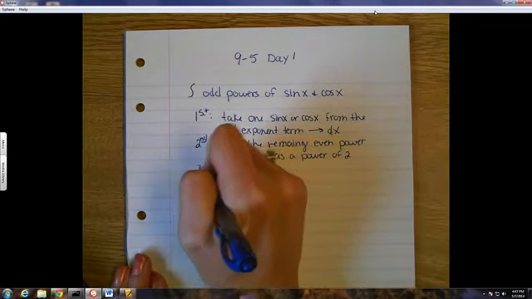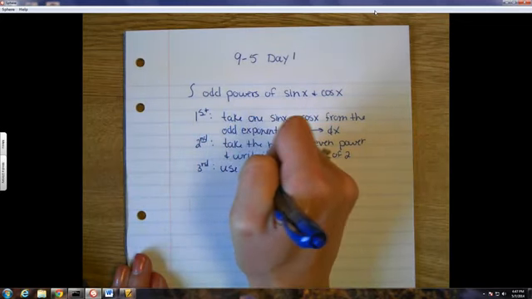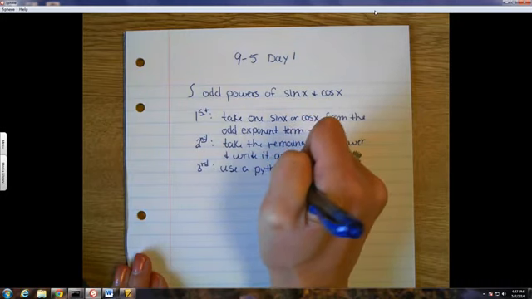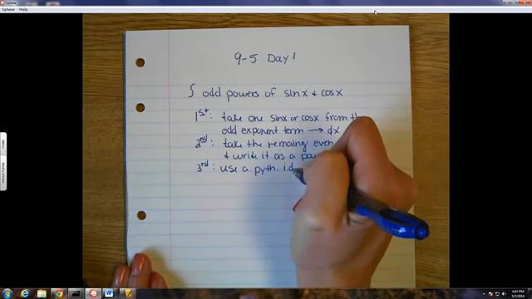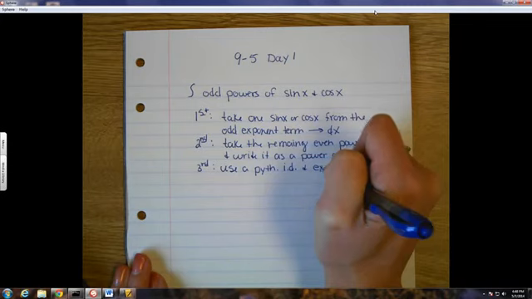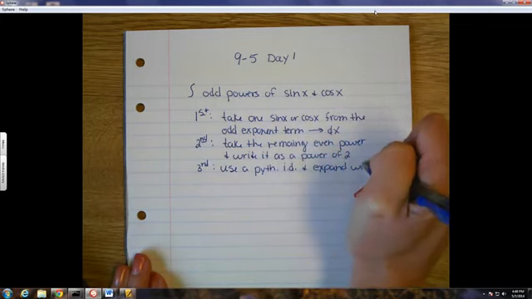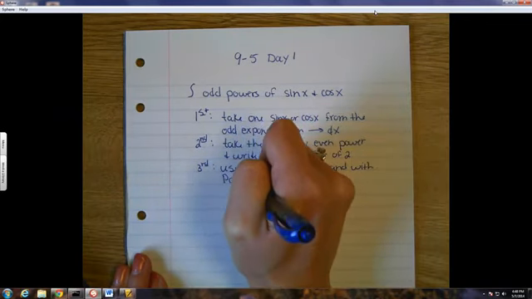Then use a Pythagorean identity and expand with Pascal's triangle, and that would come back.